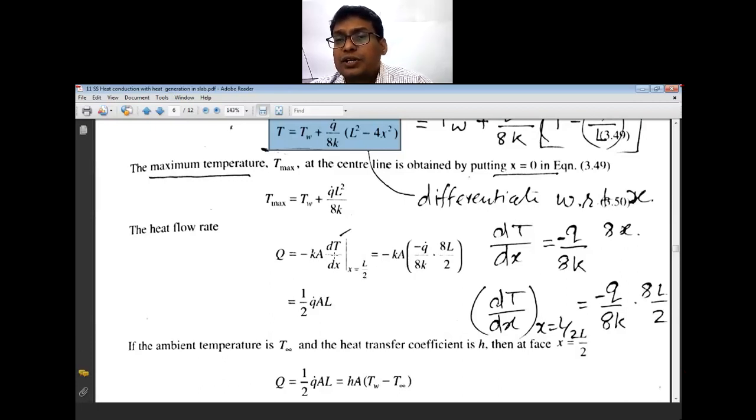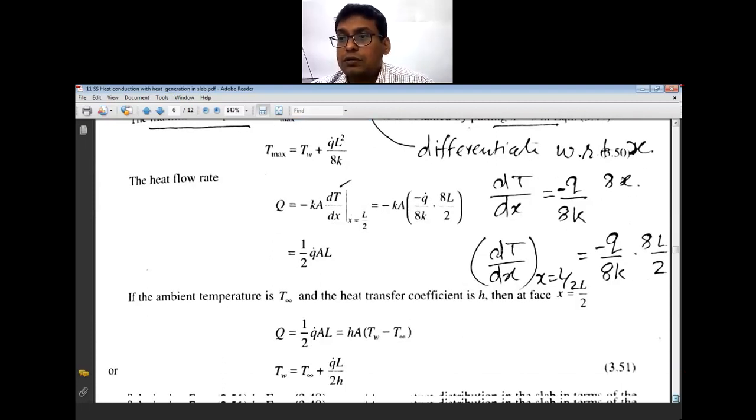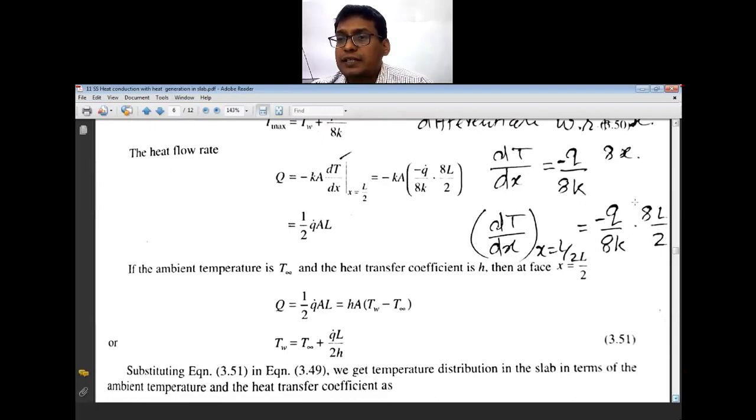So dT/dx, by differentiating this temperature distribution with respect to x, I will get minus q dot upon 8k into 8x. Substituting x equals L by 2.